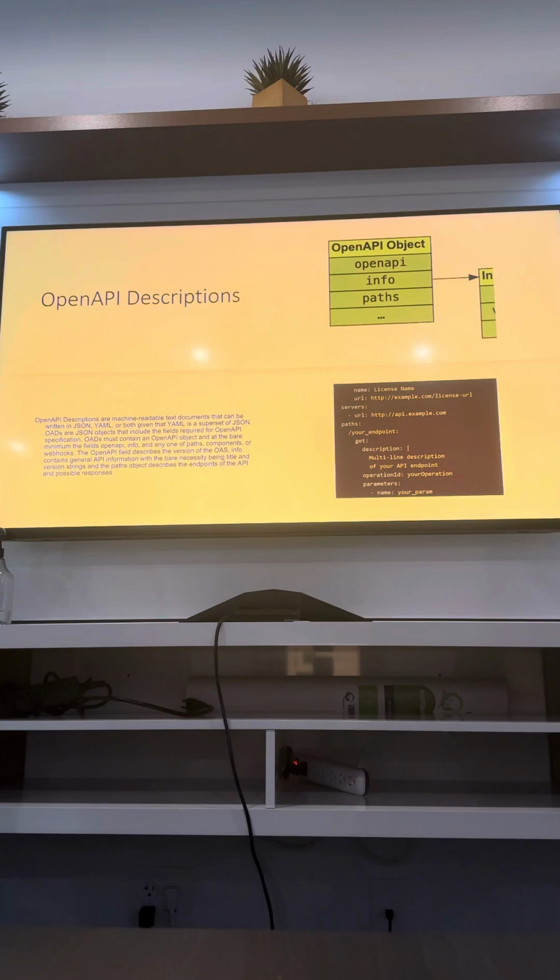The openapi field describes a version of the OAS. The info field contains general API information, with the bare necessity being the title and version. And the paths object describes the endpoints of the API and possible responses that can arise.